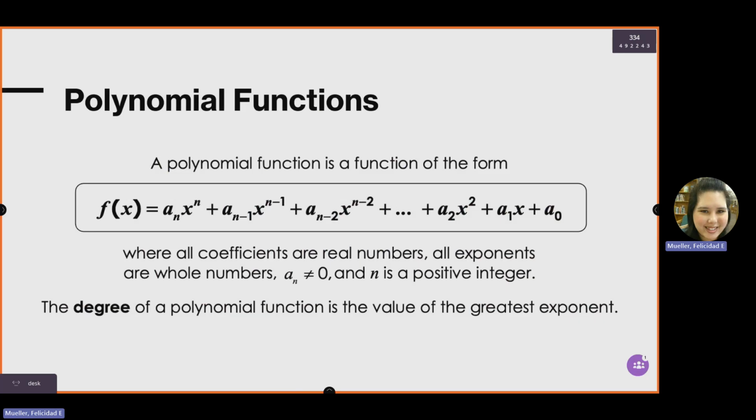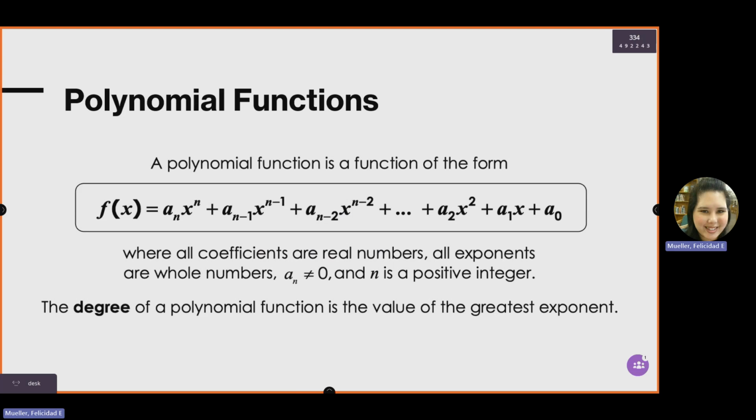Starting off with the definition of a polynomial function, it is a function in the form given here: a sub n, x to the n, plus a sub n minus 1, x to the n minus 1, and so forth, until you get to x squared, x, and your constant. The goal here is that all your coefficients are real numbers.